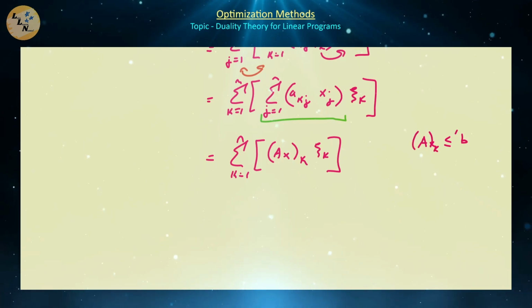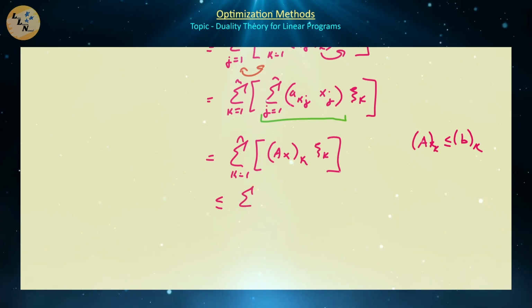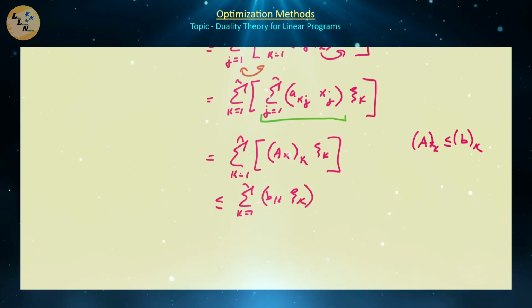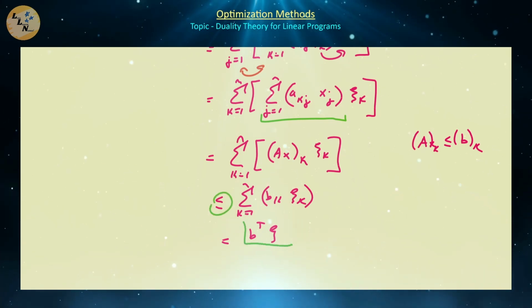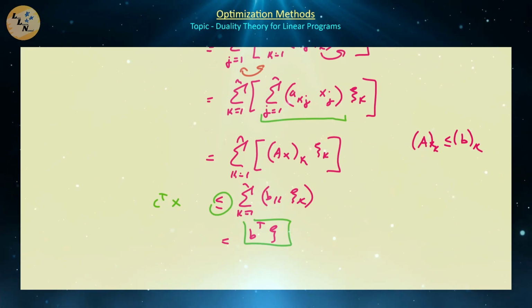So this is less than or equal to the sum from k equals 1 to m of b_k psi_k, which is the same thing as b transpose psi. So if we look at these inequalities, we have b transpose psi on the right-hand side and c transpose x on the left-hand side. We've proven that c transpose x is less than or equal to b transpose psi for all x and psi in their associated feasible regions.